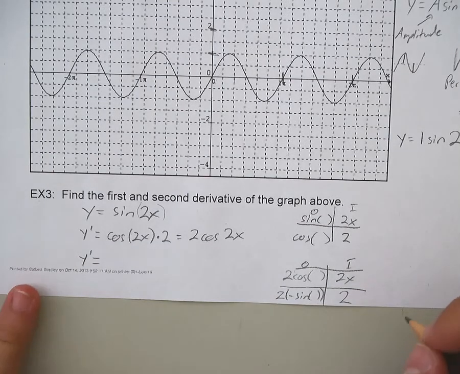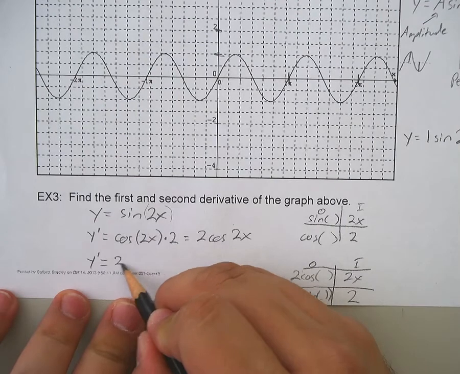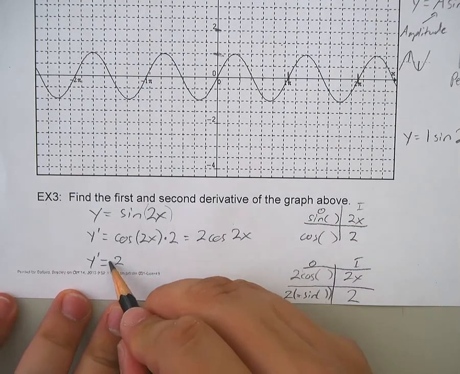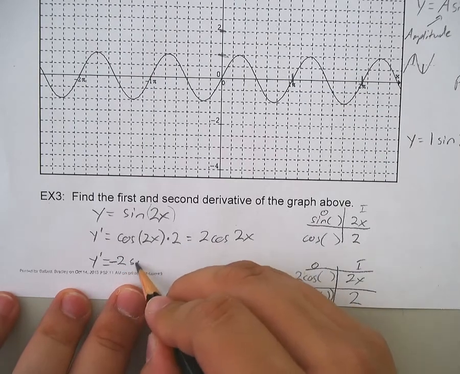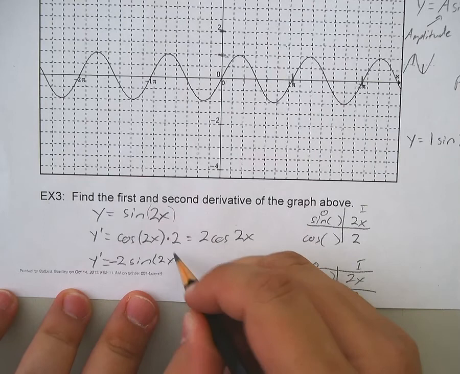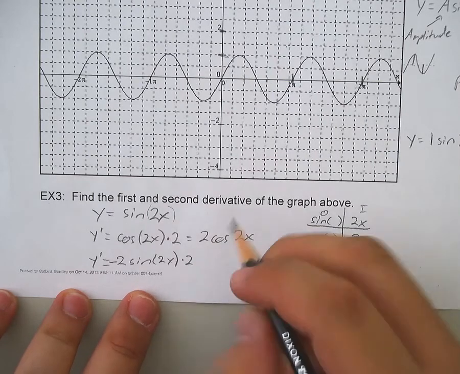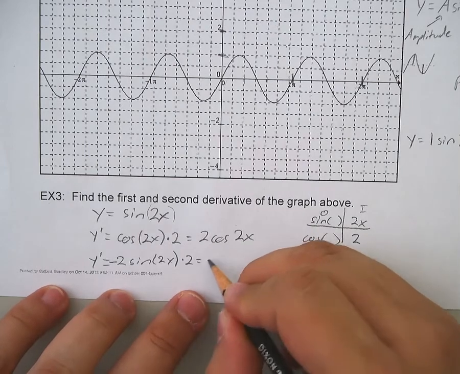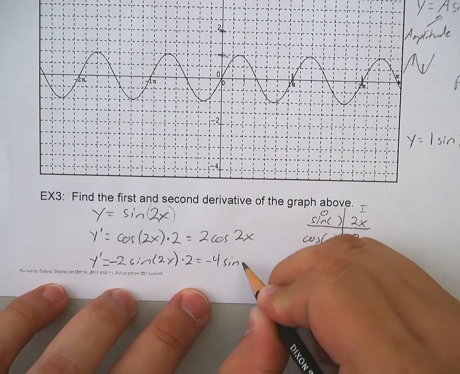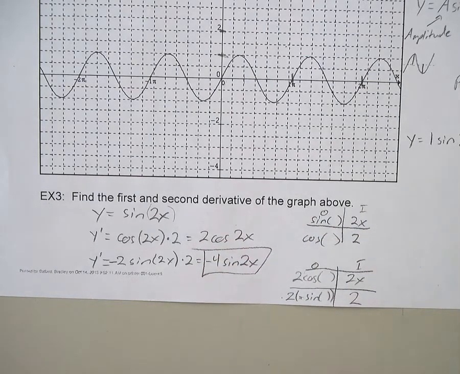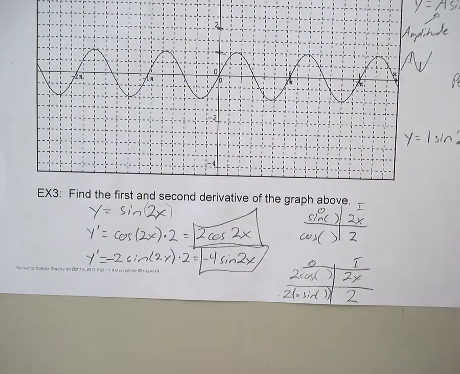So when these multiply out, let's make it a negative 2. Negative 2 sine of 2x times 2, which is going to be negative 4 sine 2x. There is the first and second derivative of that function.